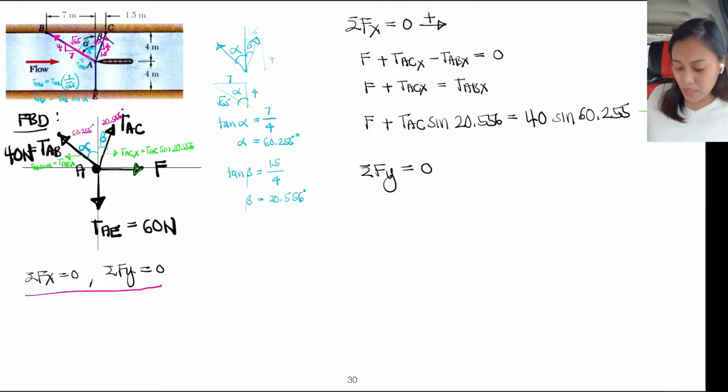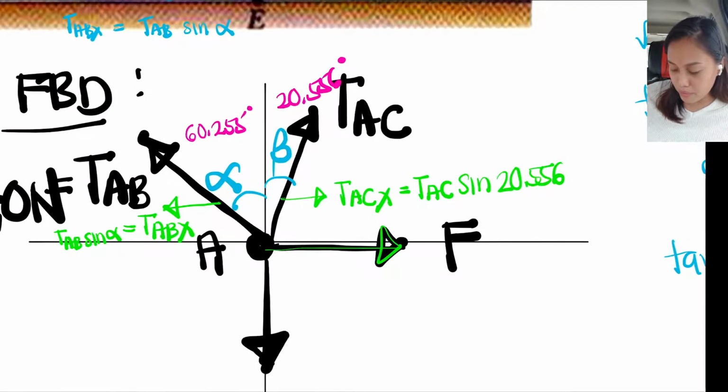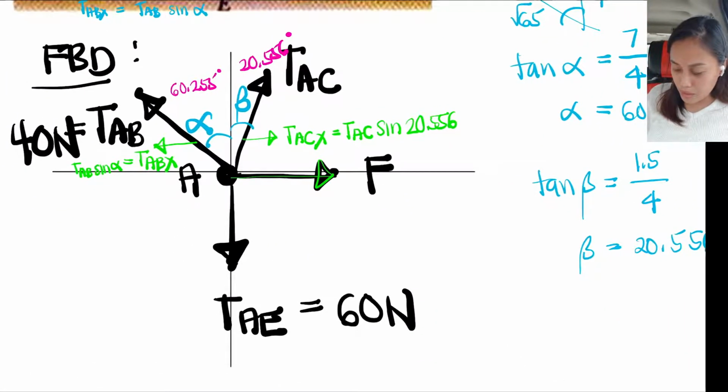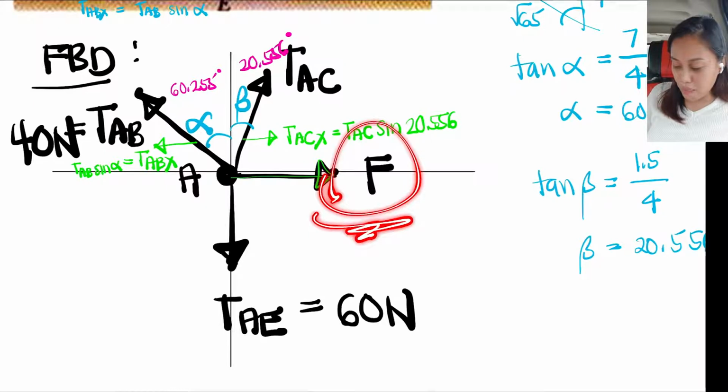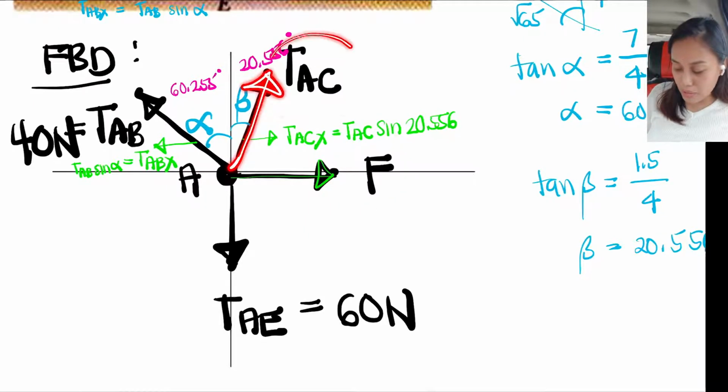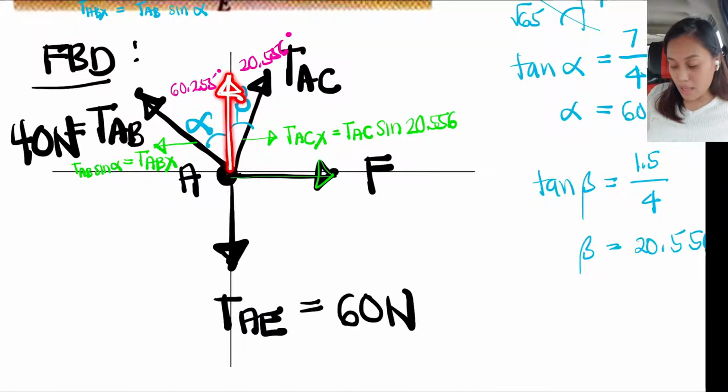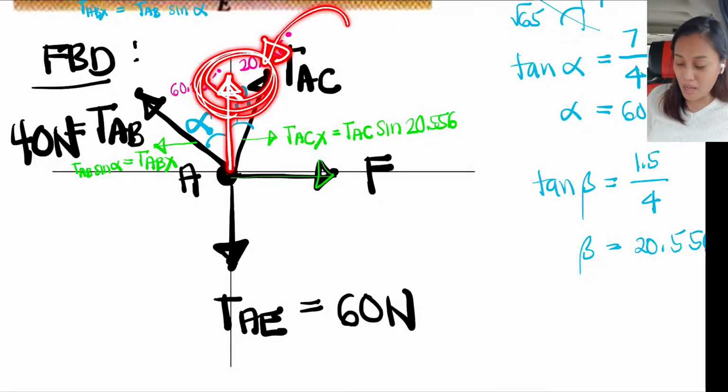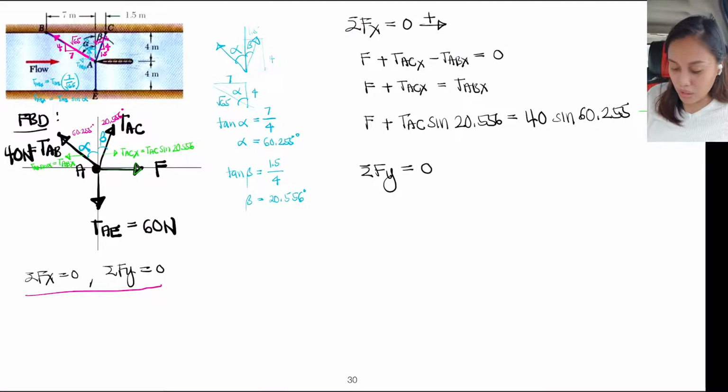Okay, back to the free body diagram. In the free body diagram, what are the unknowns? Along x it is okay already, but along y, this is still unknown. Its component along y, since we are in the summation of forces along y, is upward. So we can assume, as I said, for the unknowns we assume positive values. So we say all forces along y equal to 0. Let's assume all forces going upward are positive.